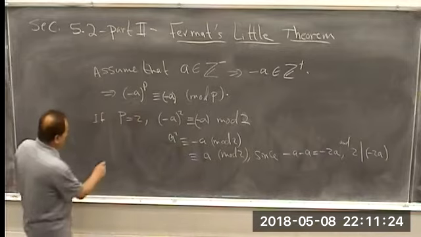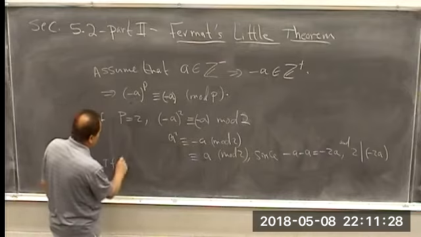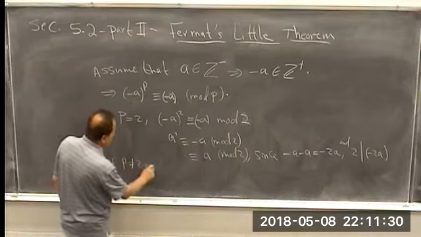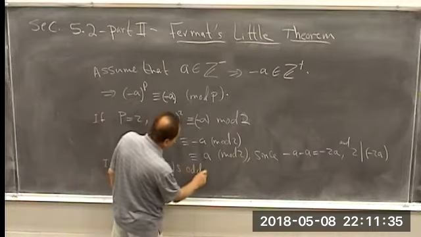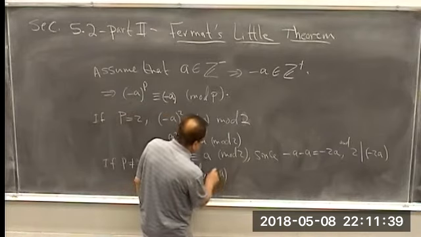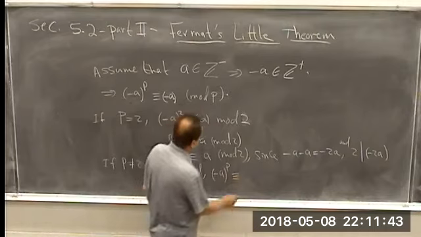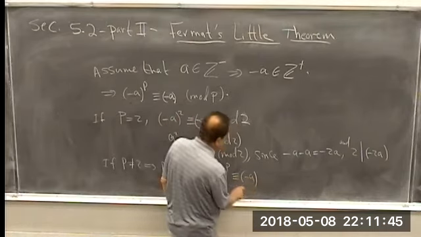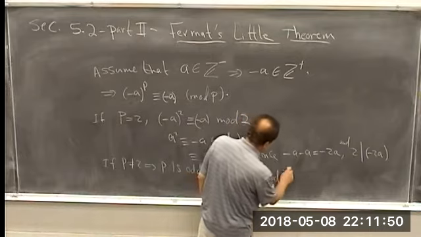Now, if p does not equal 2, this implies p is odd, and in this case, negative a to the p is congruent to negative a mod p by what we have shown in the first case.